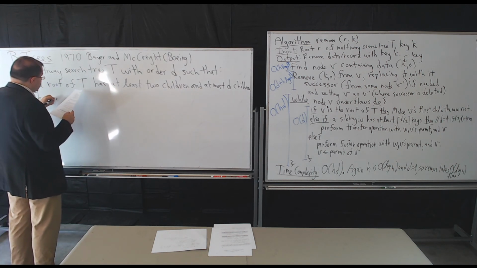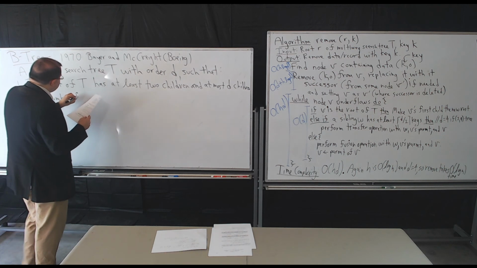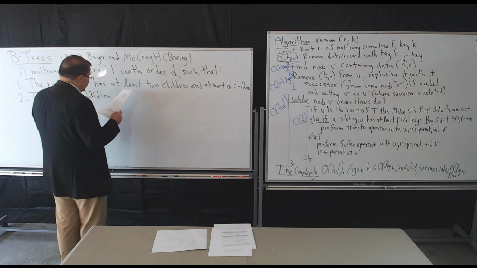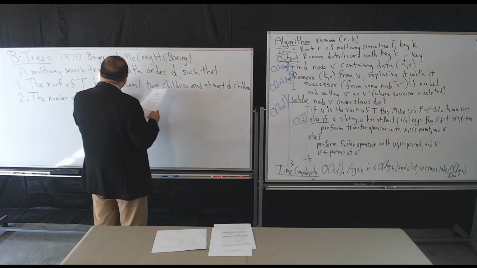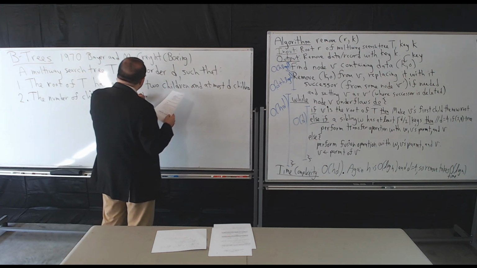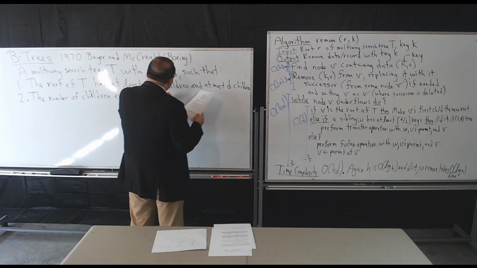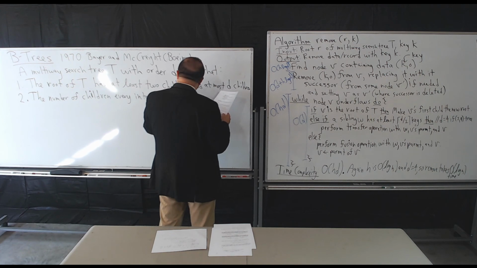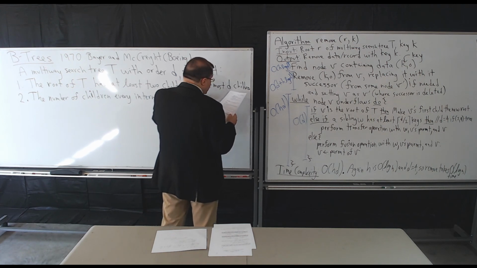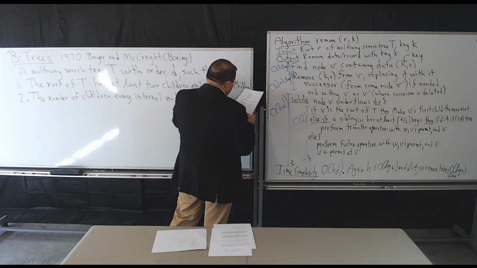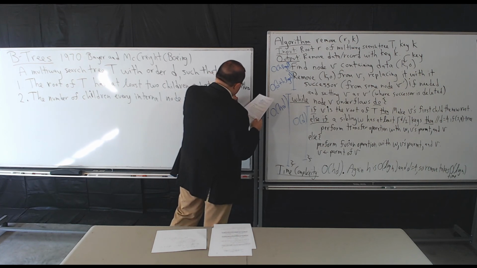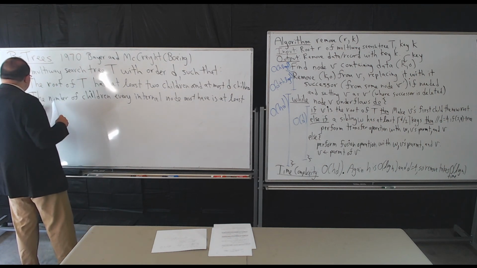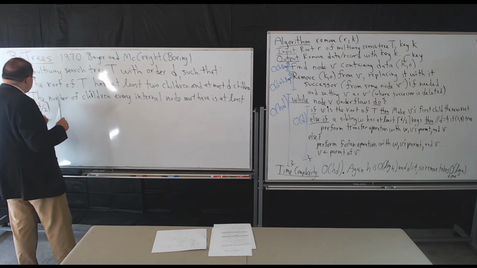The number of children every internal node must have is at least the ceiling of D over 2. So remember, round up D over 2.